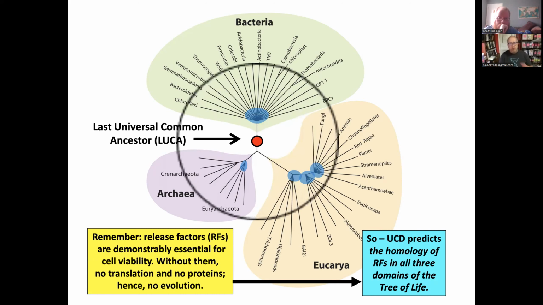So we can infer out from LUCA into the three domains and say, wherever we go in the tree of life, we're going to find shared release factors that descended from the minimal set present in LUCA.